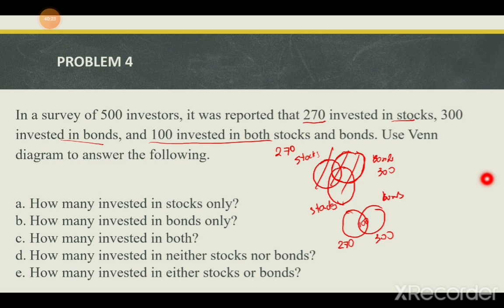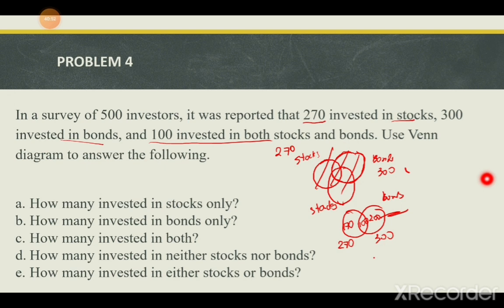So, 270 minus 100 is equal to 170. Okay? 300 minus 100 is equal to 200. These are your 200, itong 200 na to, are the number of people who invested into your bonds only, and then yung 170 are the number of people who invested in your stocks only.